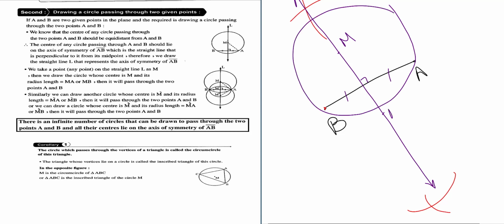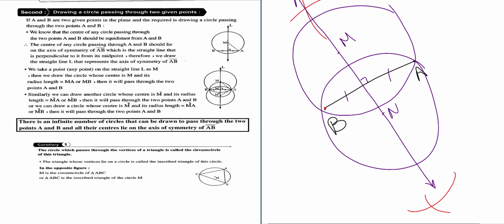And also from point N, we can draw another circle that passes through the 2 points together. Then we can draw an infinite number of circles that pass through 2 points, that their centers lie on the axis of symmetry of the line segment.